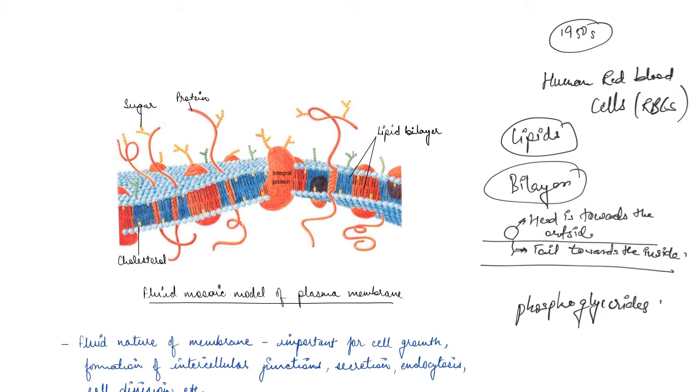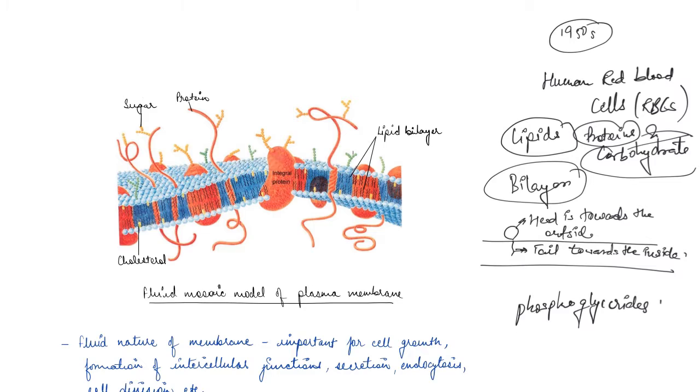Certain other investigations were conducted, and during that we got to know that cell membranes also possess proteins and carbohydrates. So it is not just made up of lipids, it also contains proteins and carbohydrates.